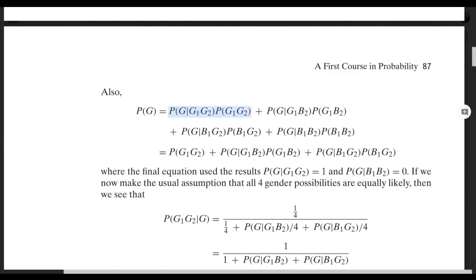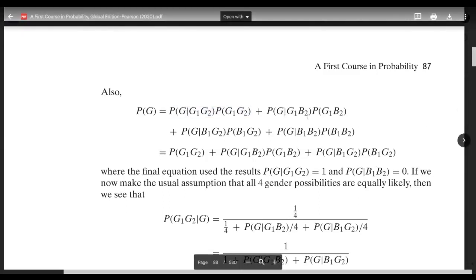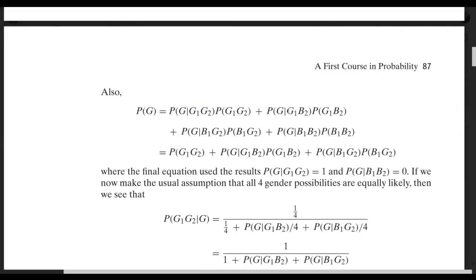Given that the two children are girls, the probability that the child seen is a girl is 100%, right? Given the first child is a girl and the second is a boy, what's the probability of a girl being seen? And given the first child is a boy and the second is a girl, what is the probability of a girl being seen? Given two boys, there's no girl to be seen.